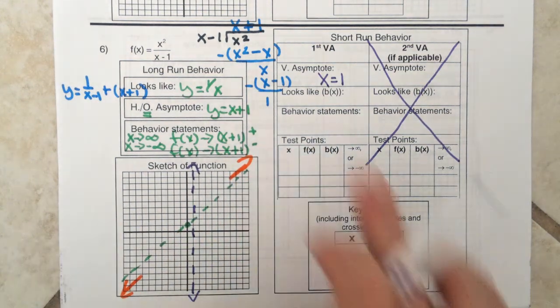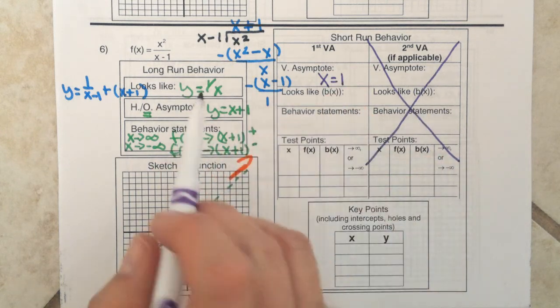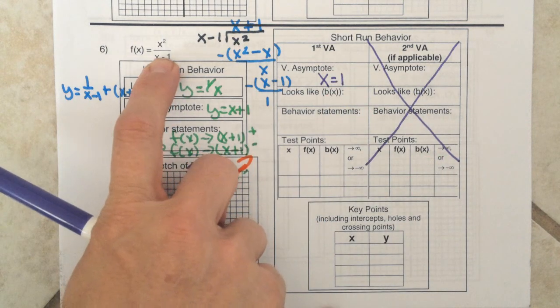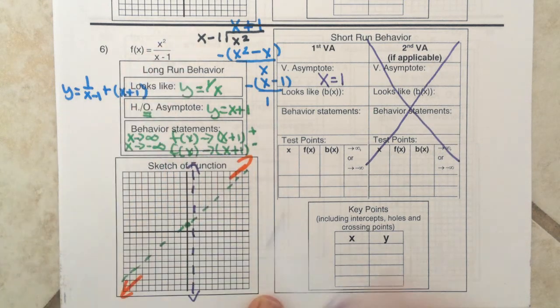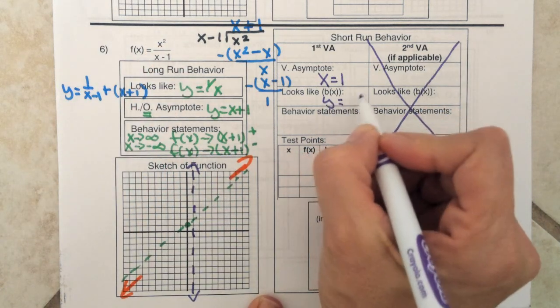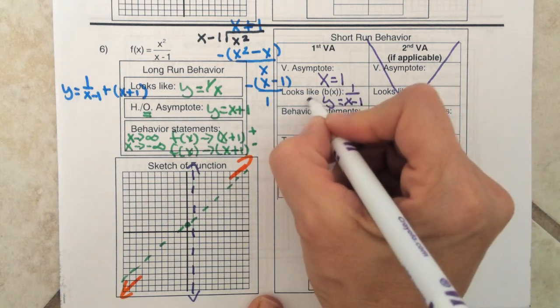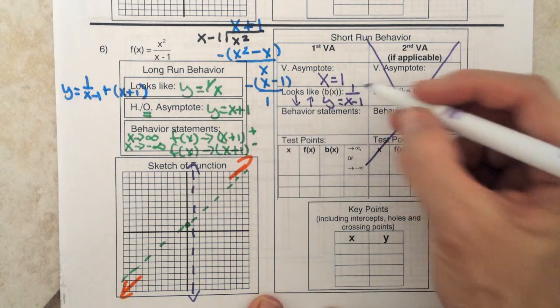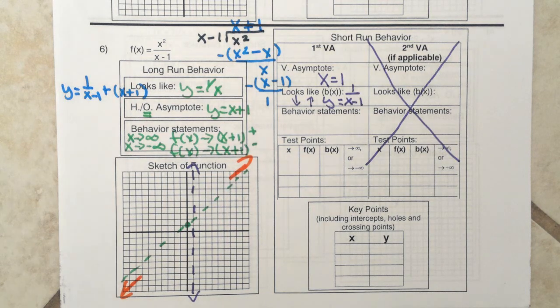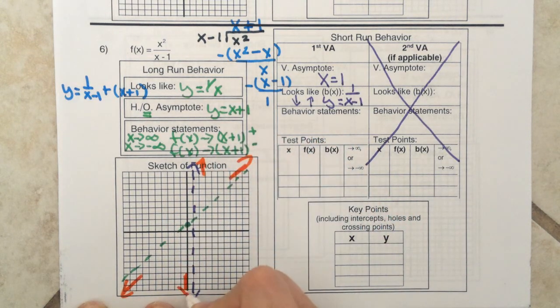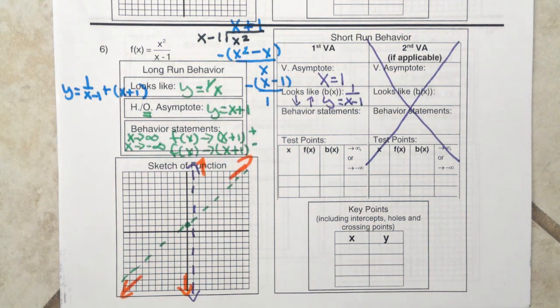Okay, and then I have to take the 1 and plug it in everywhere there's an x except in this spot. So if I plug it in up top, I get 1 squared over x minus 1. That means it's going to go up on the right, down on the left, because it's a positive here. So I'm going to go up on the right of this line and down on the left of this line.